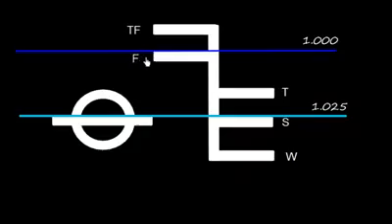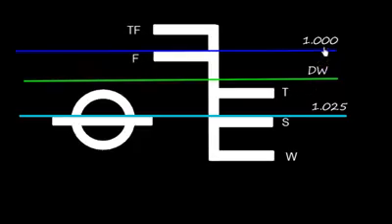In fresh water we can load up to the F mark, and here the density is 1. So we know the difference from 1 to 1.025 from here to here. If the vessel goes down to this S mark, this vertical distance is called freshwater allowance.